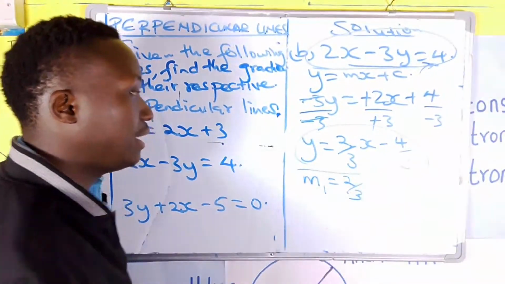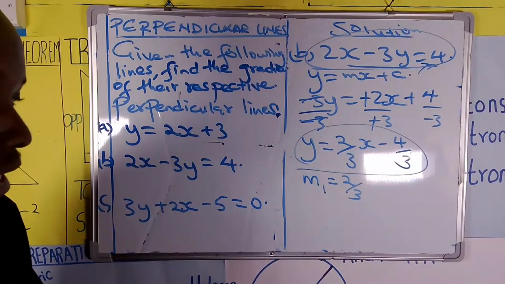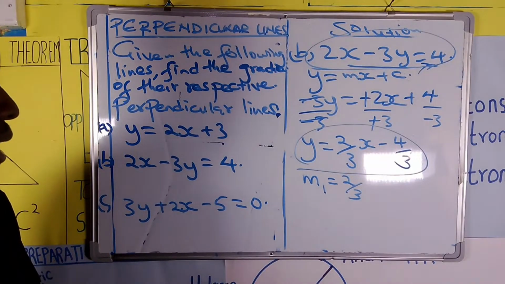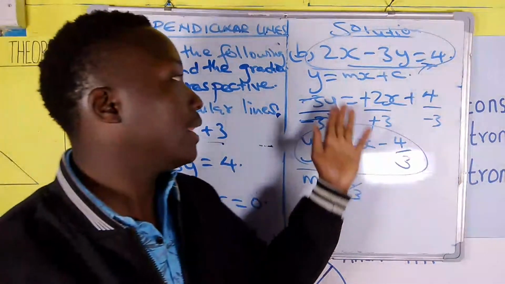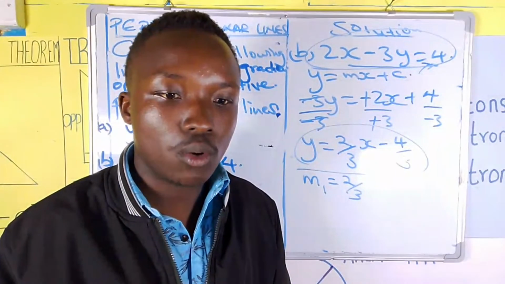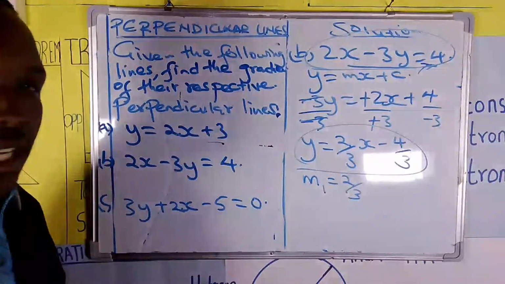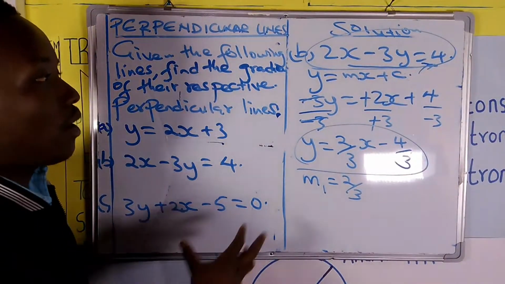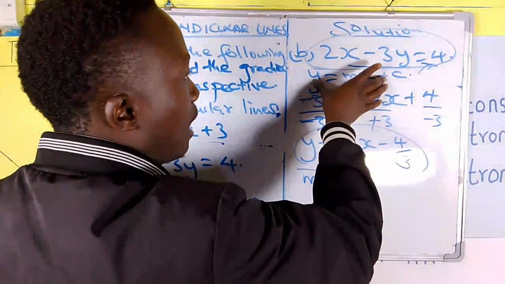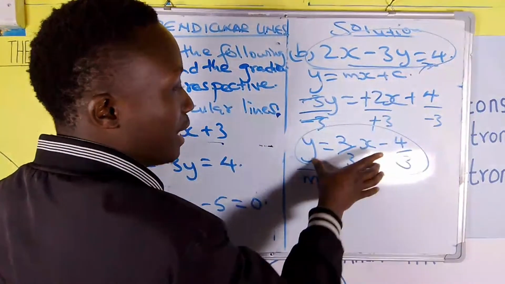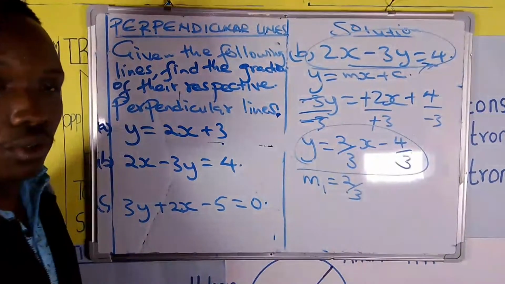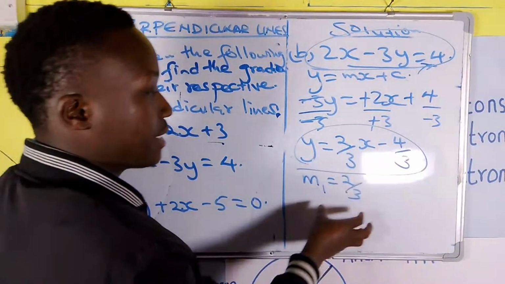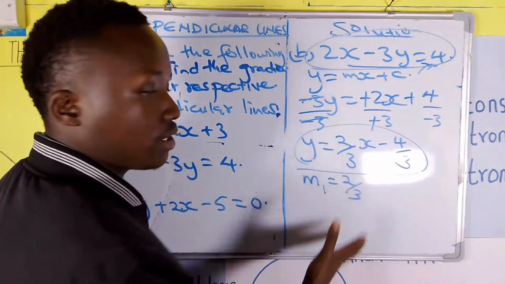Remember, to determine the gradient when the equation is written in the form y equals mx plus c, you only need to use your eyes. You don't have to think about it. You can just compare the general equation with the real equation, and denote the exact figures and obtain the gradient as 2 over 3.